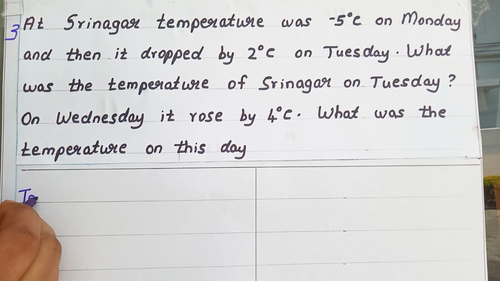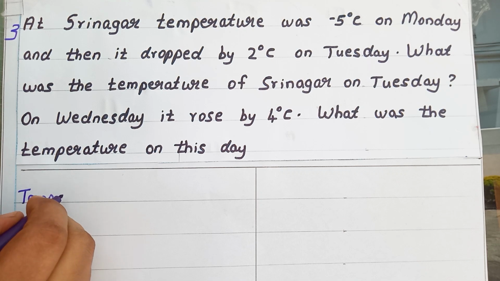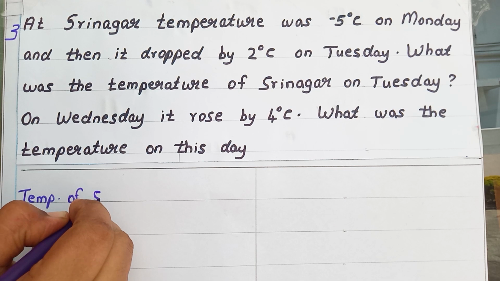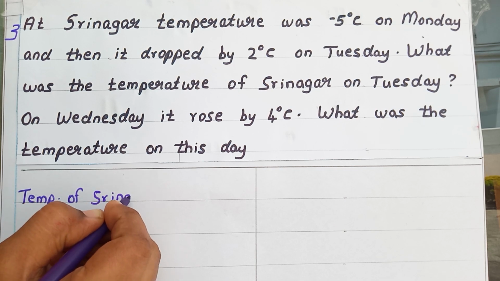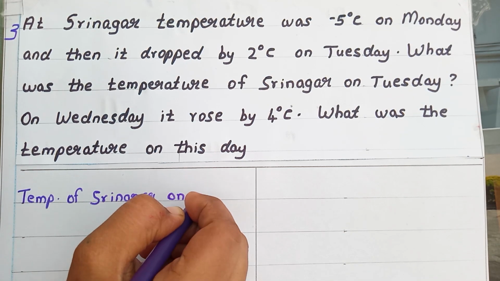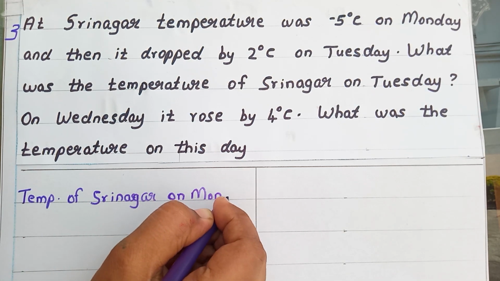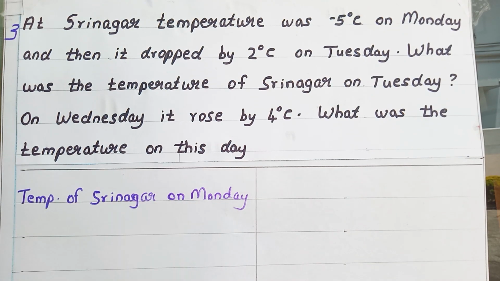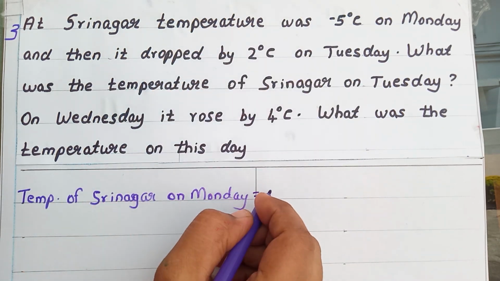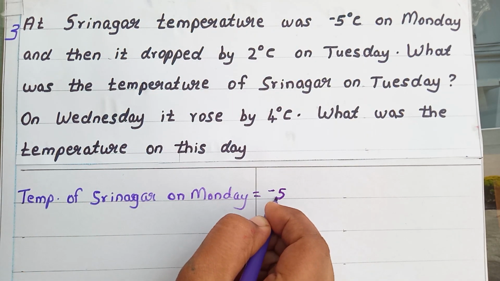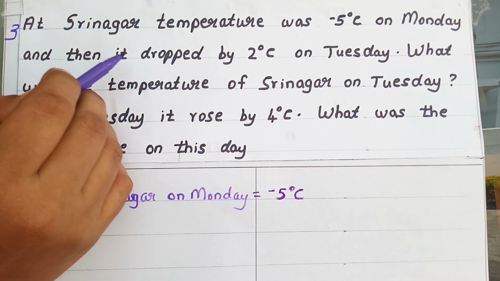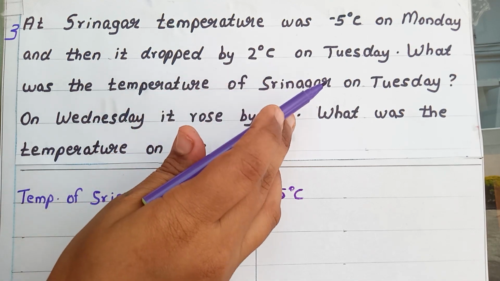Temperature of Srinagar on Monday equal to -5 degrees Celsius. Then it dropped by 2 degrees Celsius on Tuesday.